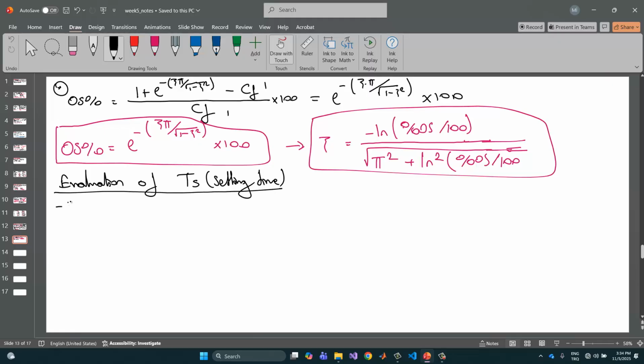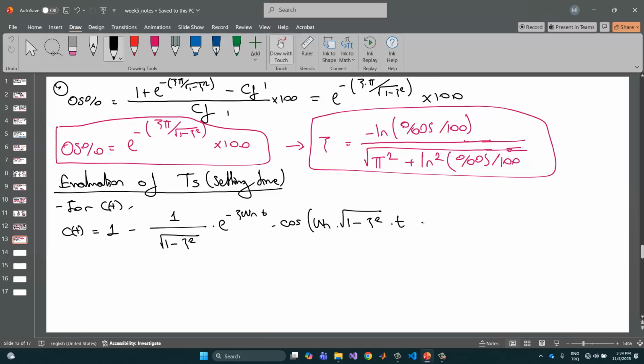And so for C(t), we can write this one. C(t) is equal to what? 1 minus 1 divided by square root of 1 minus zeta squared, times e to the power of minus zeta Wn t, times cosine of (Wn square root of 1 minus zeta squared t minus phi). Okay? This is our general solution for the C(t).